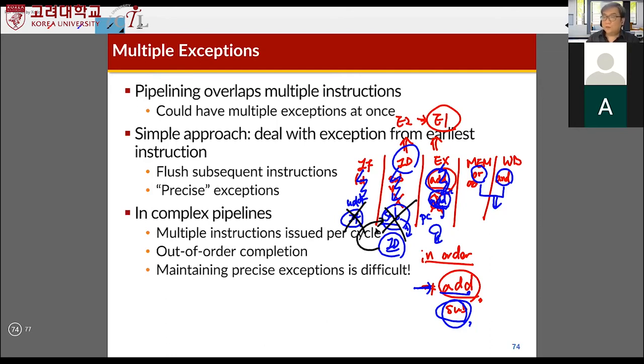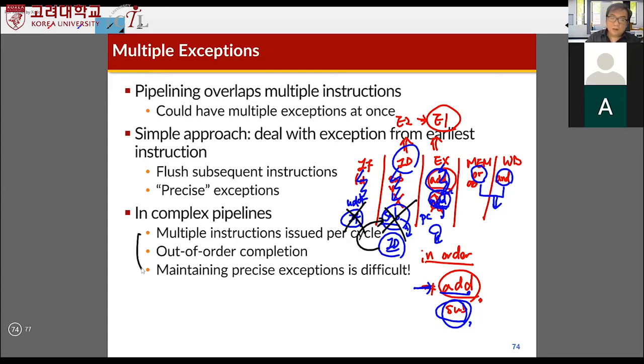Okay, so that means even though the exceptions happen at the same time, the processor knows the order of exceptions, also the order of the instructions. So the processor handles the exceptions in order. That is the precise exceptions.